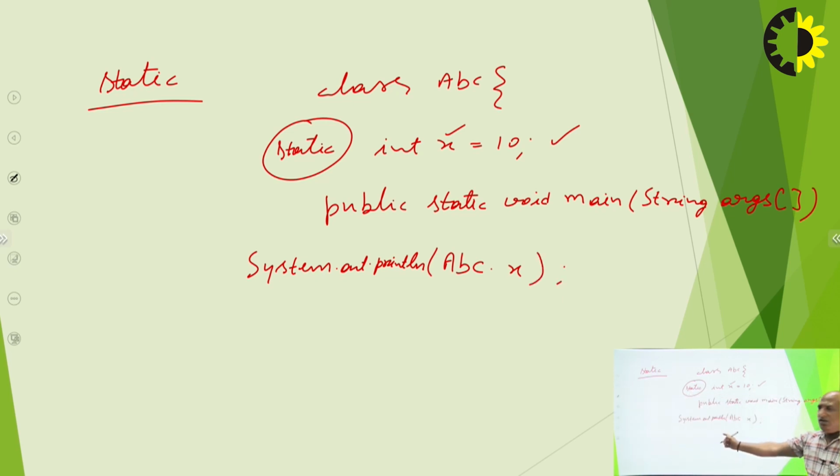This way you can call a static member directly by the class name without creating the object of that class. If a member is static, you can call it directly by the class name, because it's a property of the class. Its copy will not be created with every object, so by the class name, followed by a dot operator, you can call the member. Similarly, you can make a static method and call it directly by the class name.